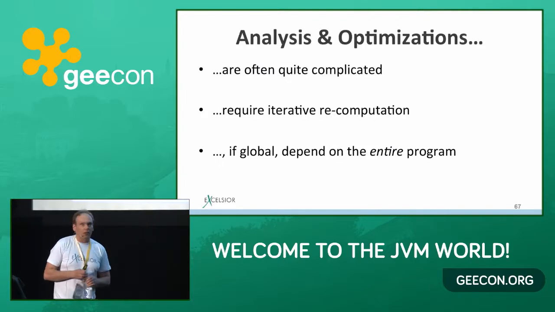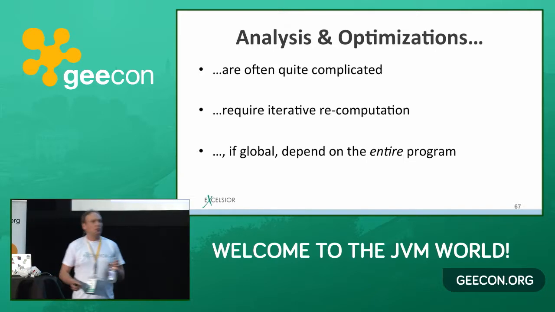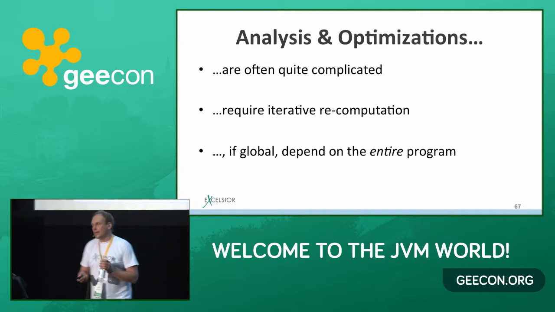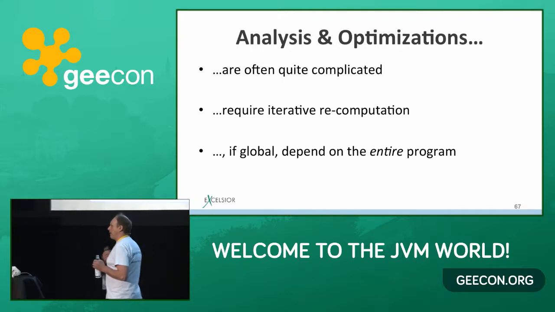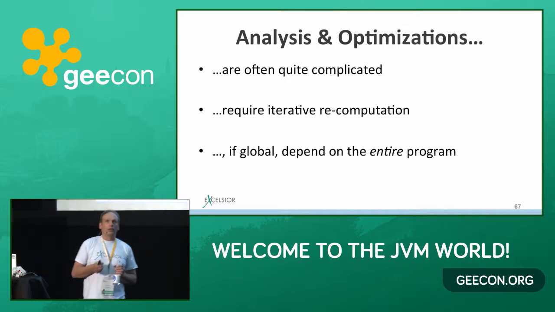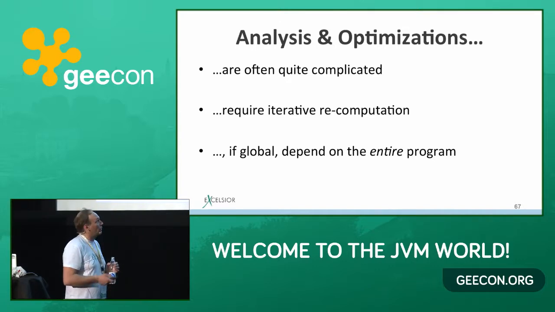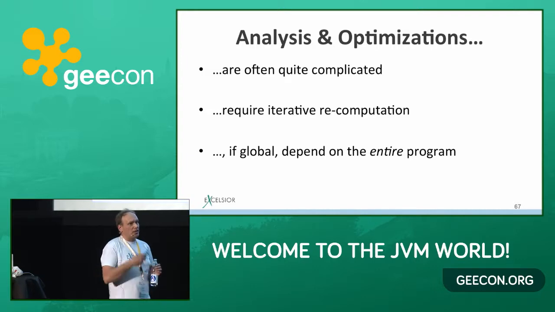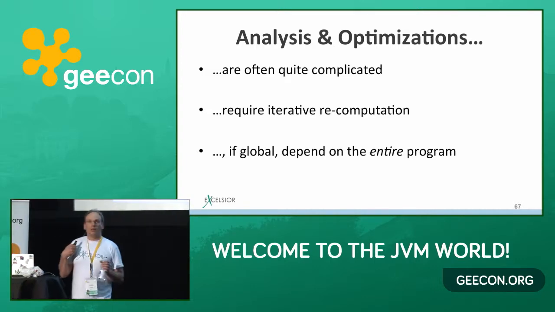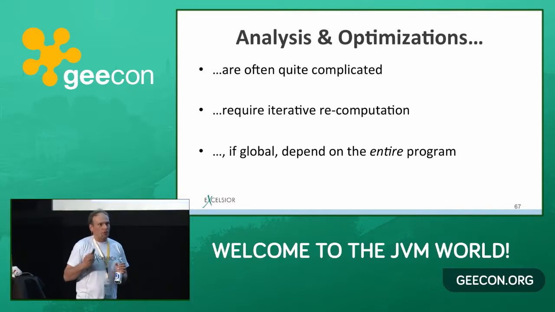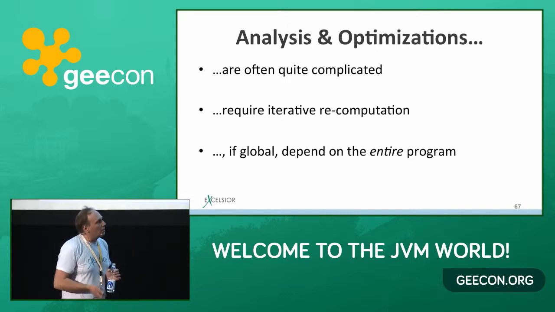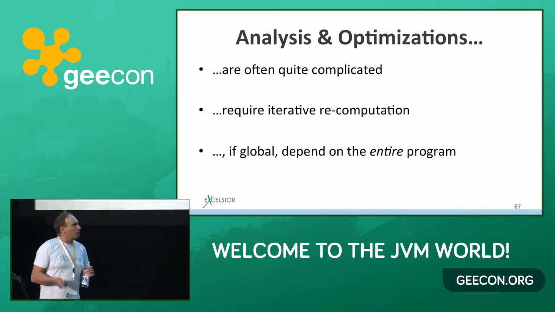So, concluding my speech about optimization, I would like to say that program analysis, optimization, and the respective internal representation can be quite sophisticated and require a lot of computational resources. And as you have just seen, some optimizations can give opportunity to other optimizations. So it is not enough to perform optimization only once. Ideally, we should repeat them until reaching a fixed point.